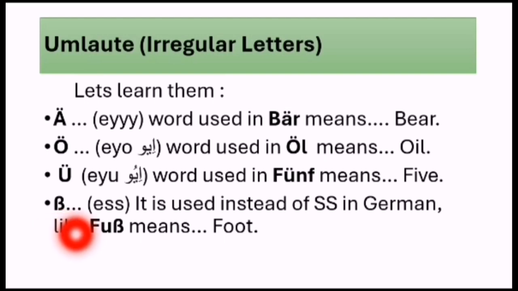And this is another one. This is double S. It is used instead of double S in German, like Fuß, F-U-SS, which means foot. So keep in your mind that this letter means double S in German.